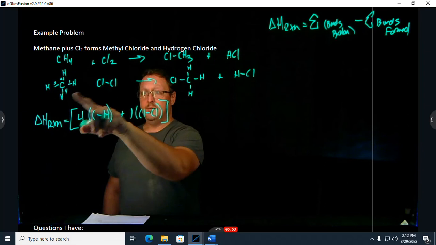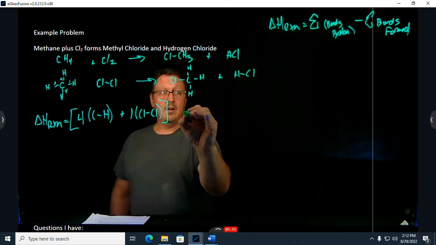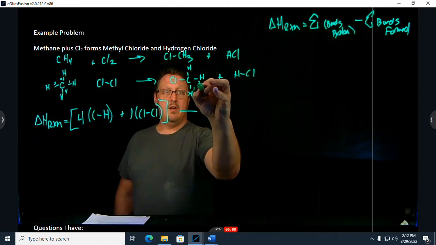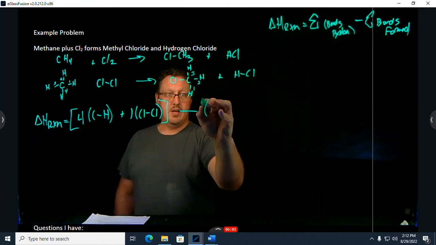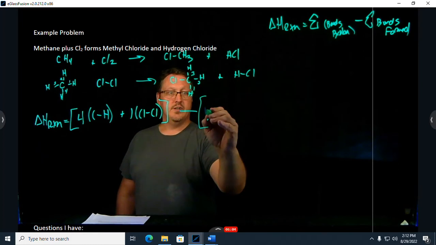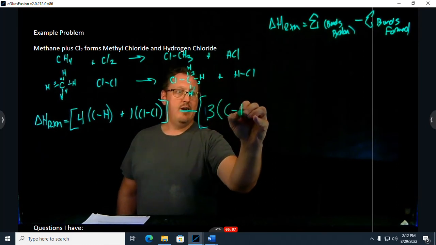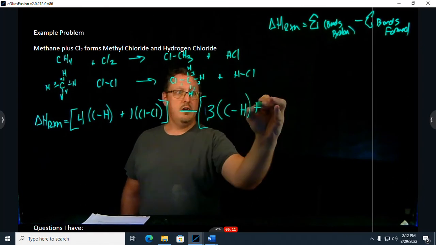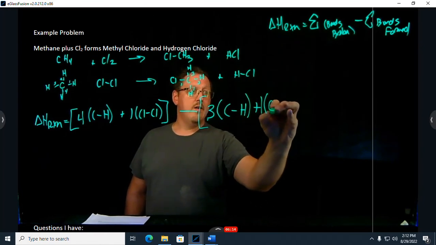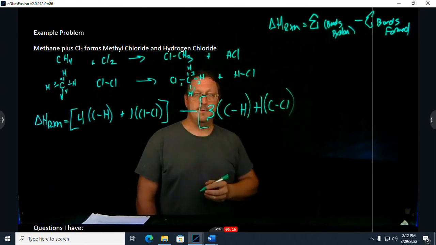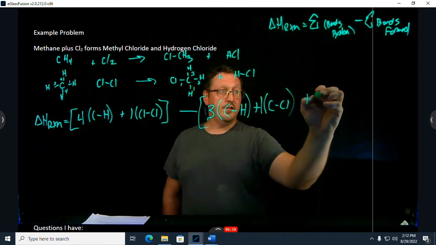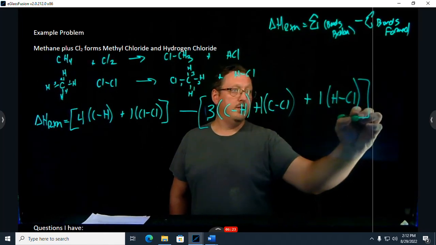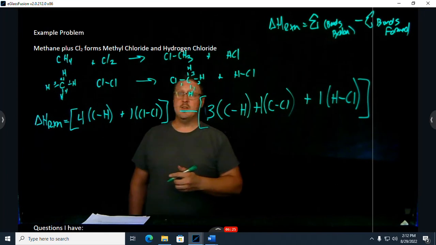That's what gets broken. Now we're going to subtract from that. Here I have 1, 2, I have 3 carbon-hydrogen single bonds, plus 1 carbon-chlorine single bond, plus 1 hydrogen-chlorine single bond.